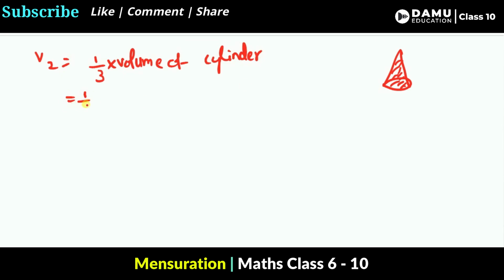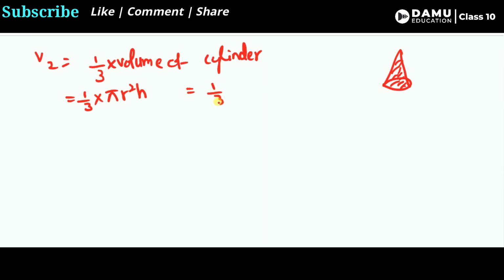As we know, that is 1 by 3 into pi r square h. So 1 by 3 into pi is 22 by 7, r is 10 square, into height of the cone, which is 42 centimeter.